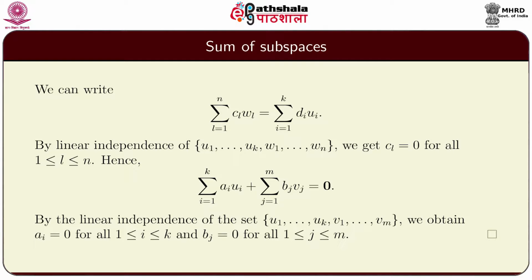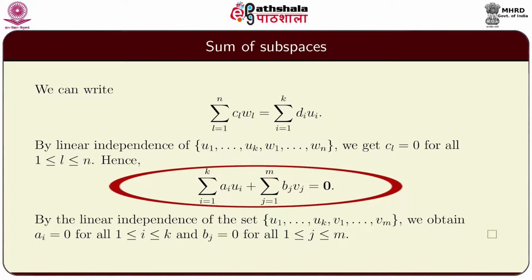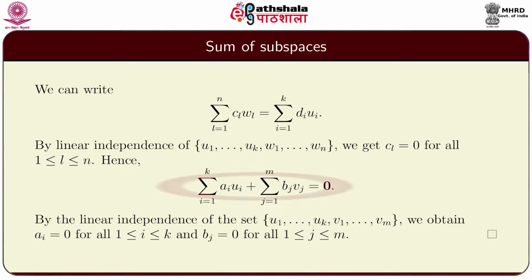Therefore, that big expression reduces to summation i equal to 1 to k ai ui plus summation j equal to 1 to m bj vj is equal to the 0 vector, and now we apply linear independence of the set of vectors u1 and so on uk, v1 and so on vm, and obtain ai is 0 for all i from 1 to k and bj is 0 for all j from 1 to m. Therefore, we have proved linear independence and we are done.